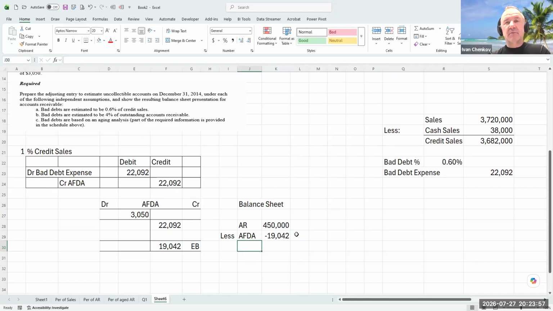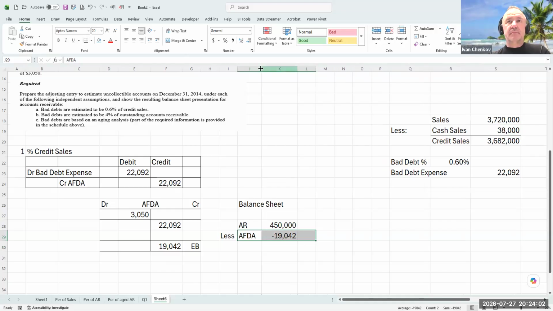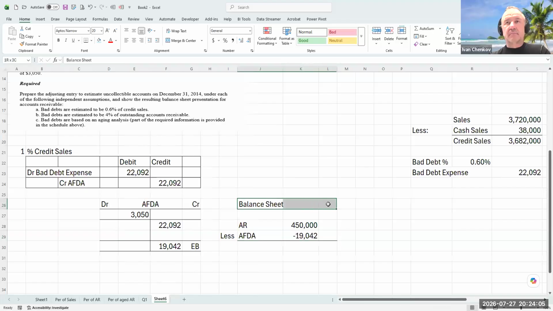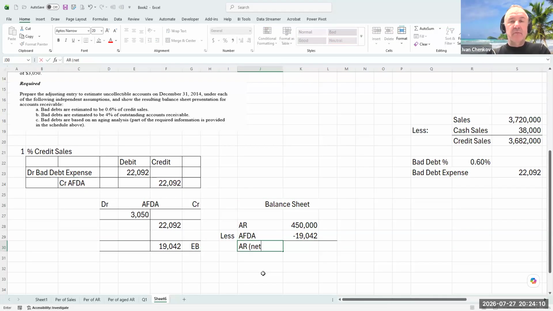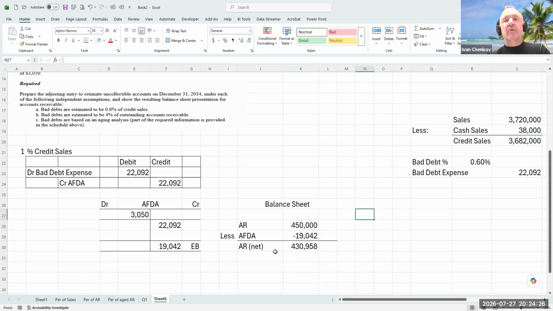So the net accounts receivables here is going to be the difference between those two. Oops, sorry, my mistake here. It's going to be those two: 430,958. That will be under the first method, which is percentage of credit sales.